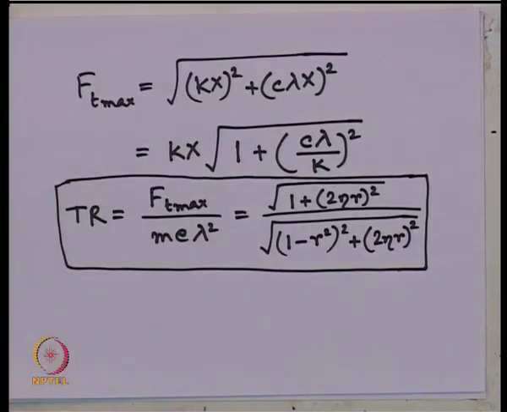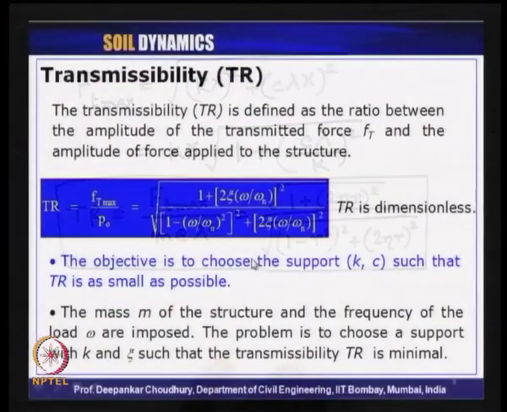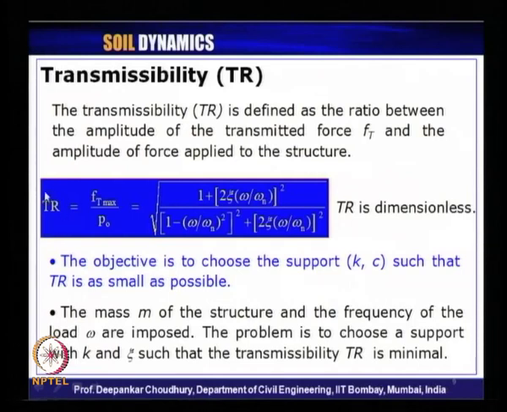So, now if we look at the slide, you can see the transmissibility ratio that we have given. This is the final expression in terms of the frequency ratio and the damping ratio, and it is dimensionless. And why is this transmissibility ratio important for our design aspect?